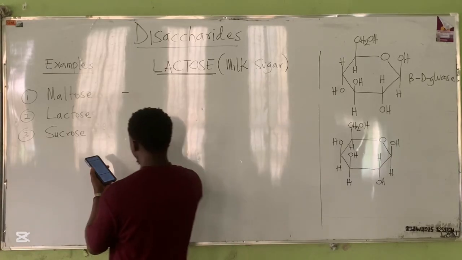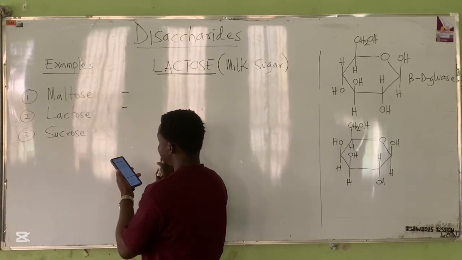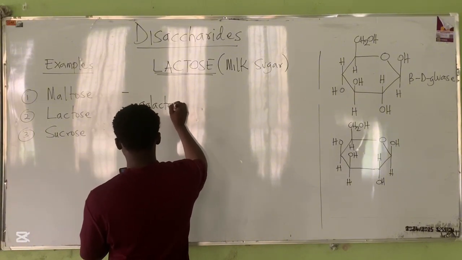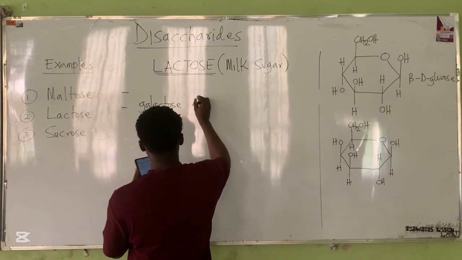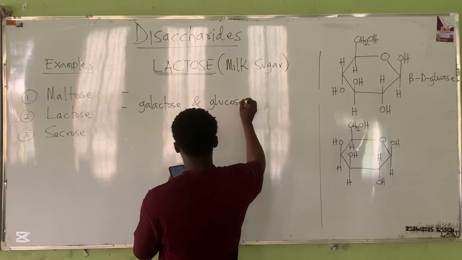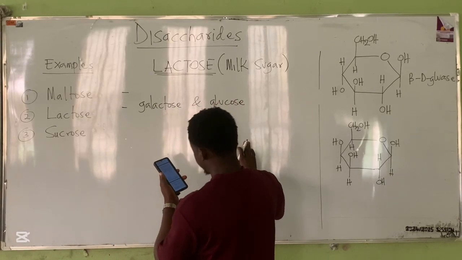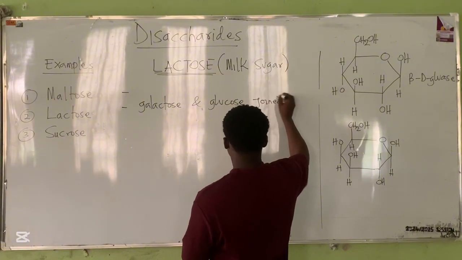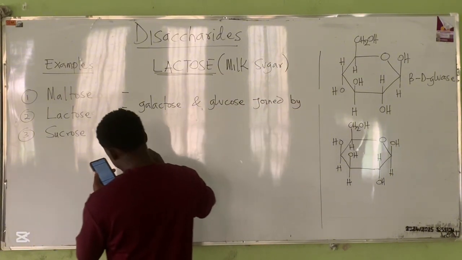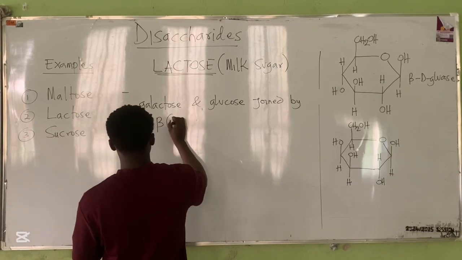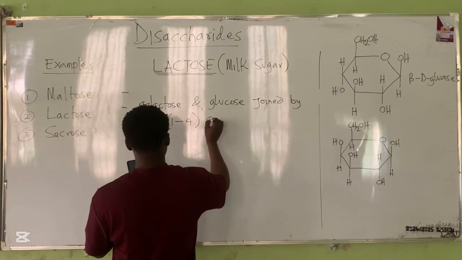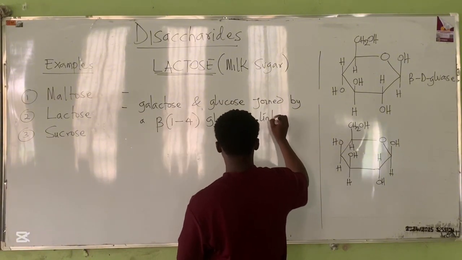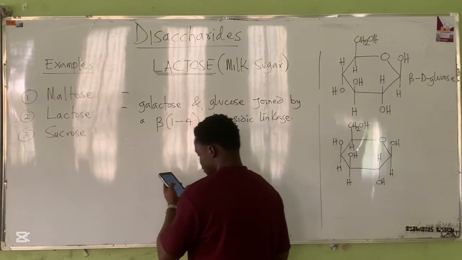It is made up of galactose and glucose joined by a beta 1,4 glycosidic linkage.